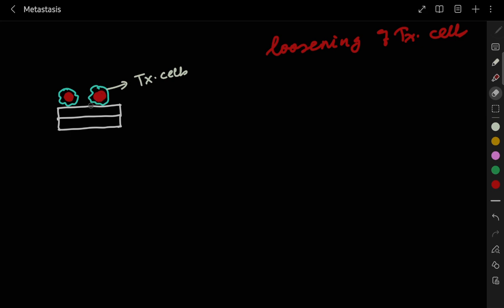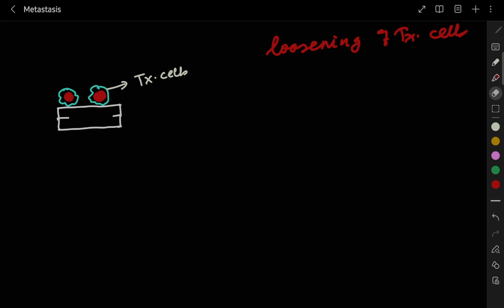These enzymes will degrade the basement membrane, and here you have seen that at this position the integrin receptors were present. But once tumor cells are formed, they start releasing proteolytic enzymes that cause degradation of the basement membrane locally.